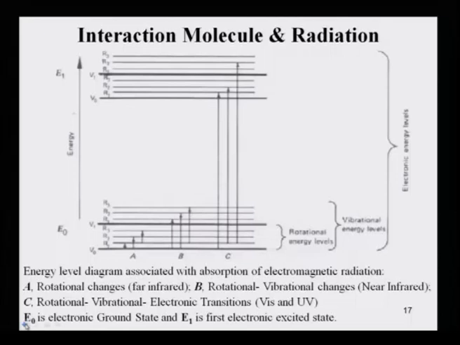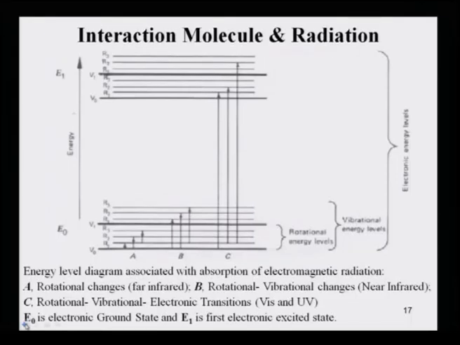Now, the rotational and vibrational are brought about by IR energies or IR light, whereas the electronic energy transitions, which are much higher in magnitude, are brought about by UV light or visible light.